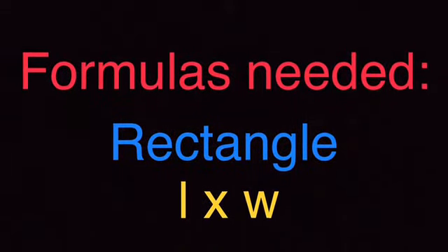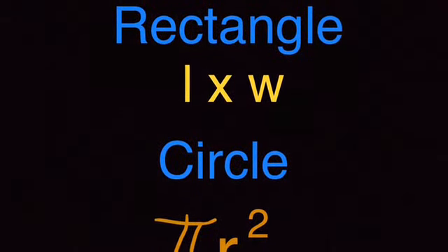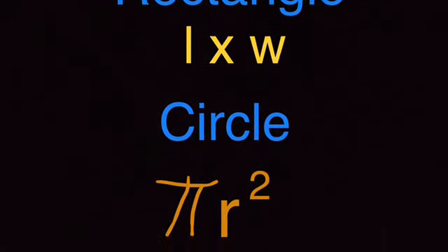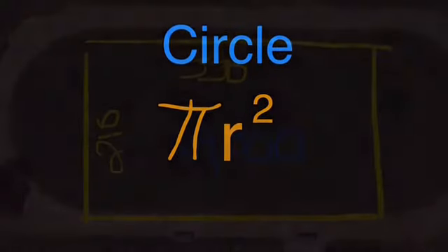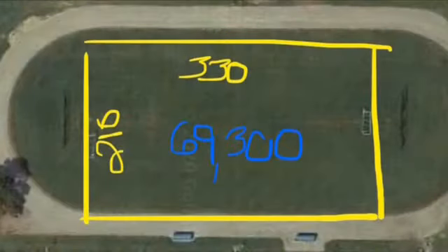To help us calculate the area of the field, which is the grassy part, we will need to use 2 formulas. That would be length times width for the rectangle, and pi times radius squared for the circle. This shows that we multiply the length and the width of the rectangular part of the field to get an area of 69,300.